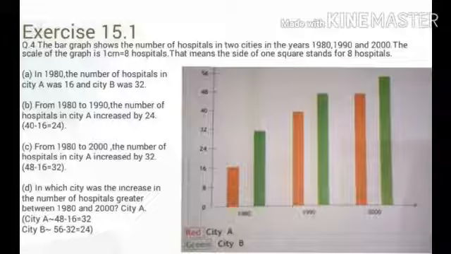Okay, now let us calculate for B. In B, 2000 was 56 hospitals. So 56 minus, in 1980 how many? 32. So 56 minus 32, how much will it be? 24. Now you compare. In city A the increase was 32, and in city B the increase was 24. So in which city was the increase in number of hospitals greater? The answer will be city A.